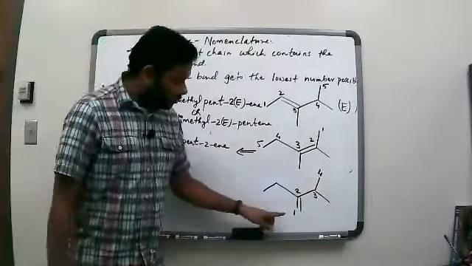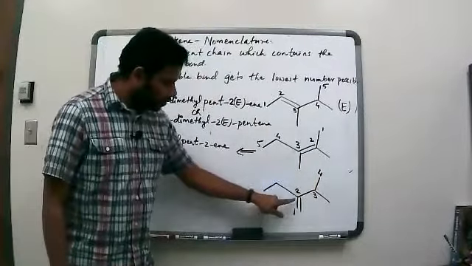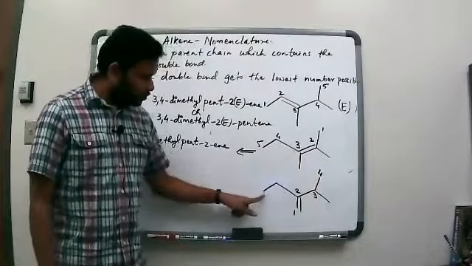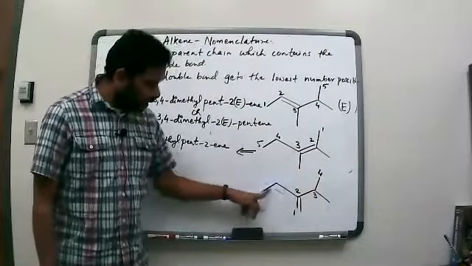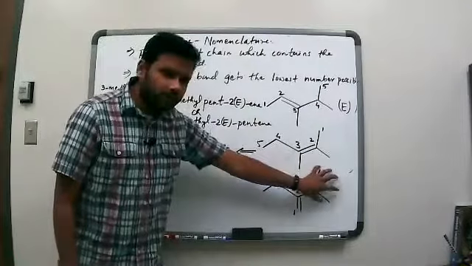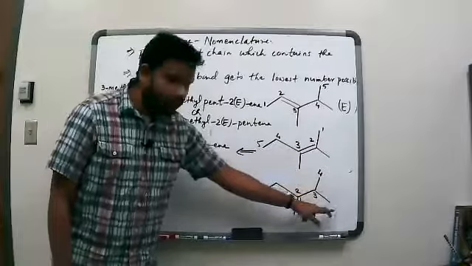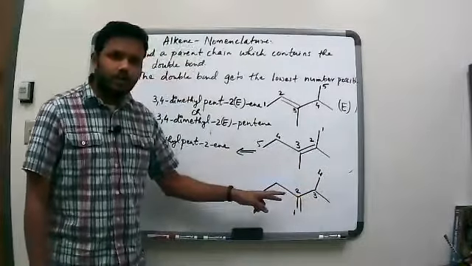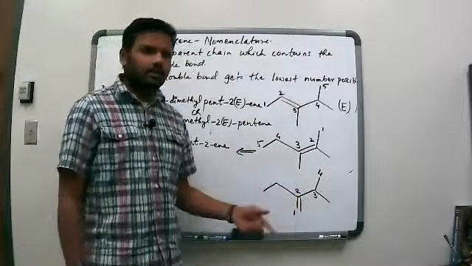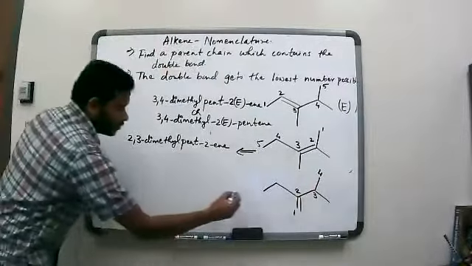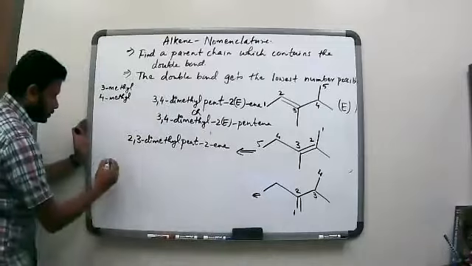Now, you might think, why didn't I go 1, 2, 3, and 4 here? Because that is also 4 carbons. But if I did that, I would get 1 substituent. But by going in that direction, I've got 2 substituents now. So I've basically maximized the number of substituents.